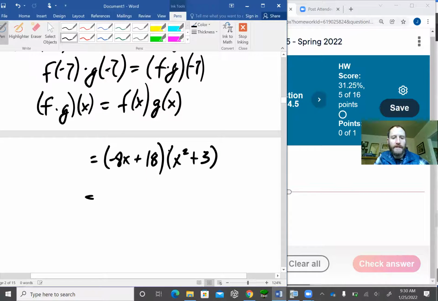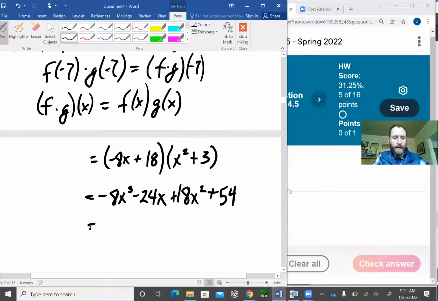All right, negative 8x times x squared is negative 8x to the third. Negative 8x times 3 is minus 24x. Plus 18 times x squared is plus 18x squared. And then plus 18 times 3. Let's see, 3 times 10 is 30, 3 times 8 is 24, so it's 54.